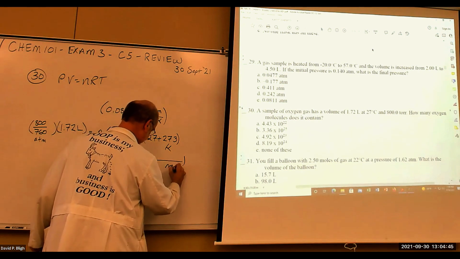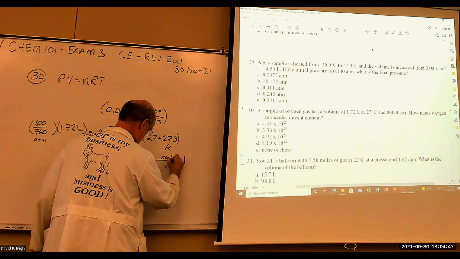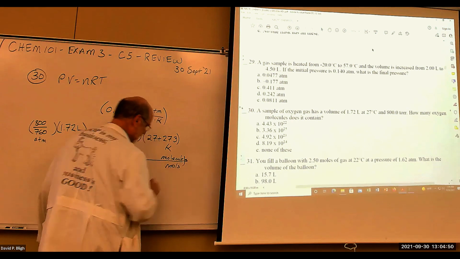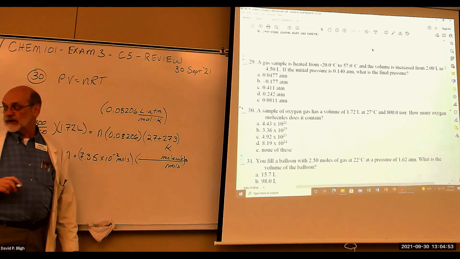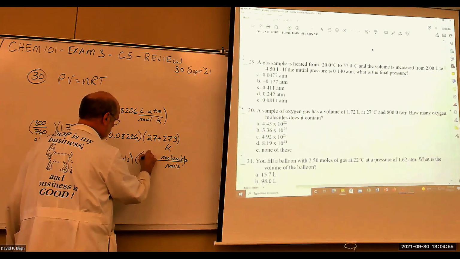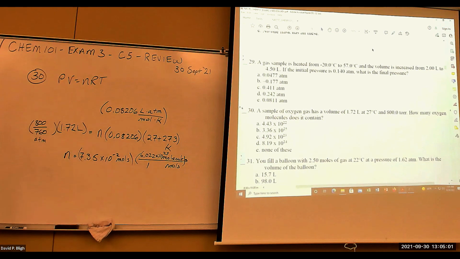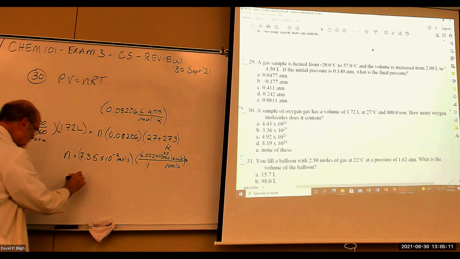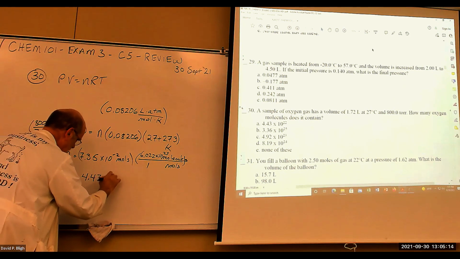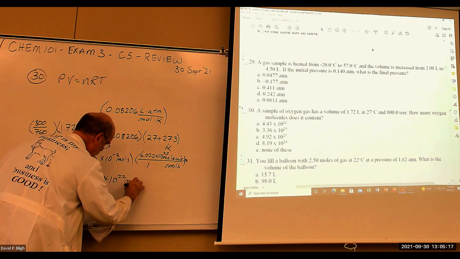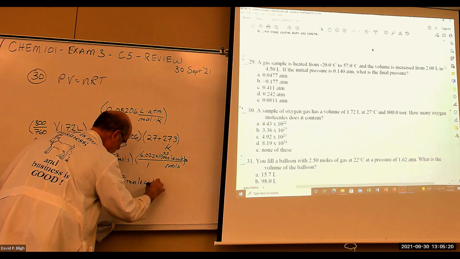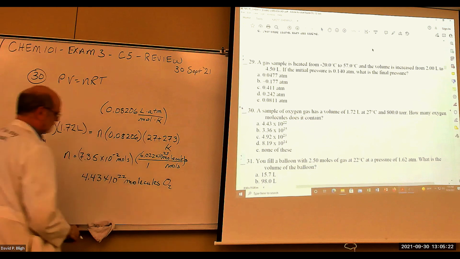Anybody remember what that was? The definition of the mole, 6.022 times 10 to the 23rd molecules. So I just multiply Avogadro's number times that value. Now I get 4.43 times 10 to the 22nd molecules of O2.